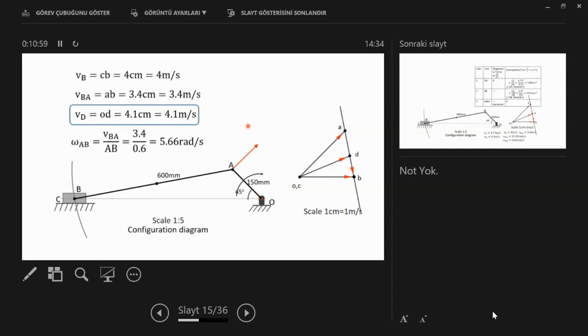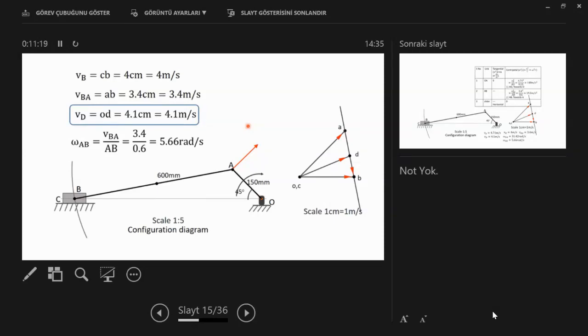But please be sensitive about that. Without the velocity, the acceleration is not possible sometimes. So first the velocity, and then the acceleration.